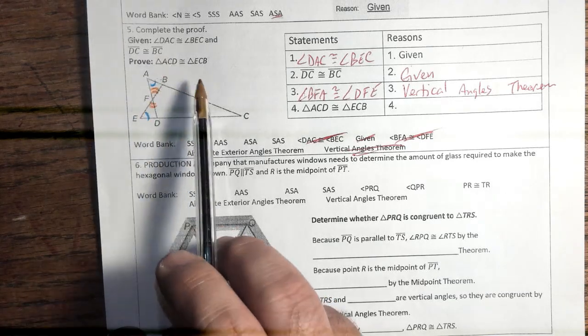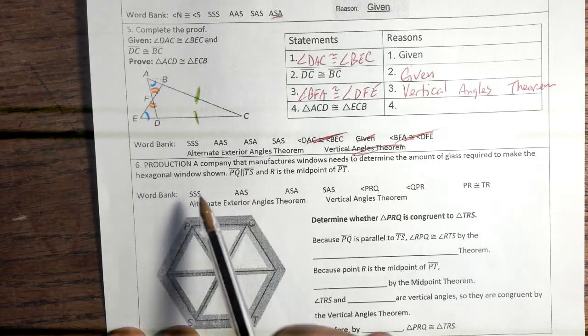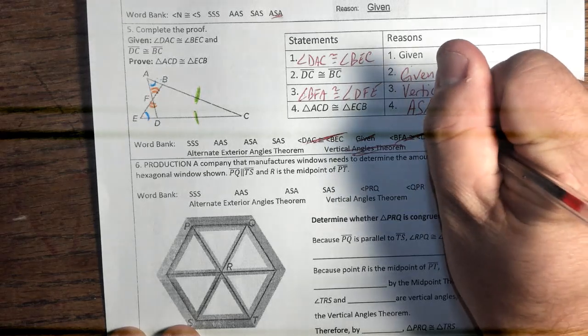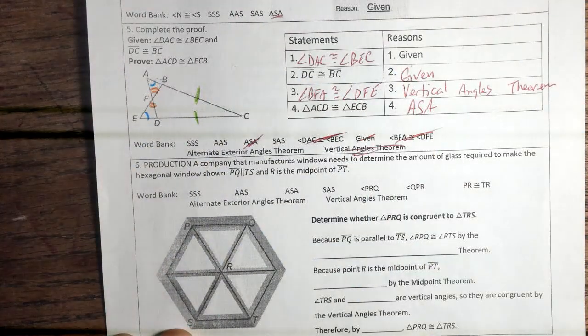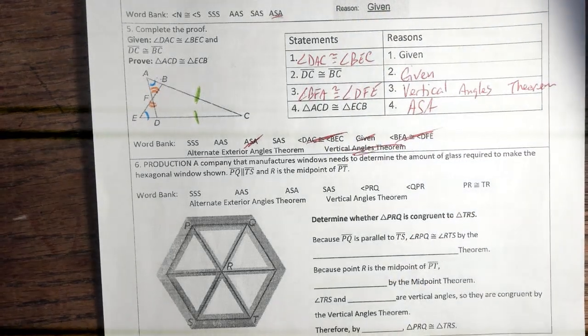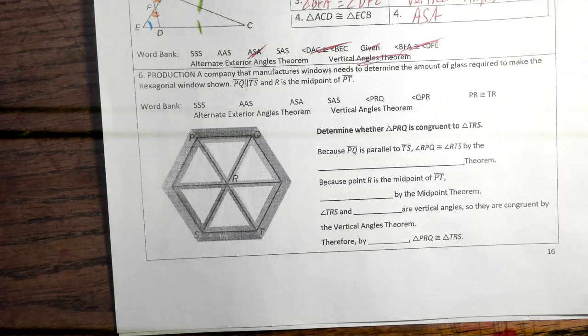I'm sorry, an angle, a side, and then another angle here. So angle, side, angle. I know that one's a little weird. I still don't feel great about it, but I digress. All right, number 6. Bottom of the page. This is it for this particular module.